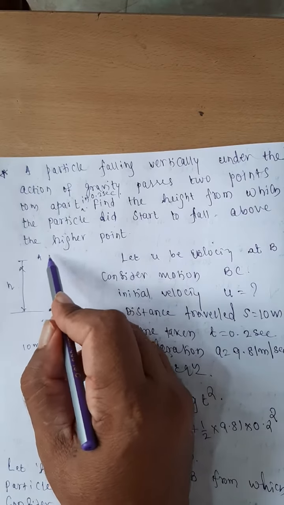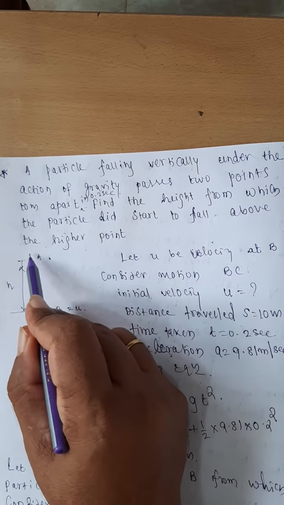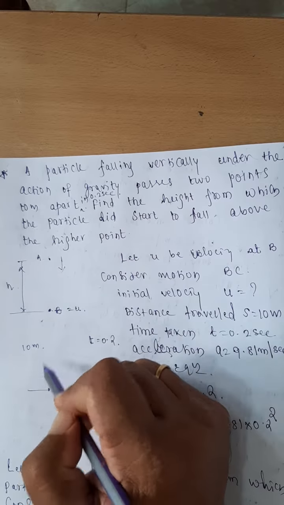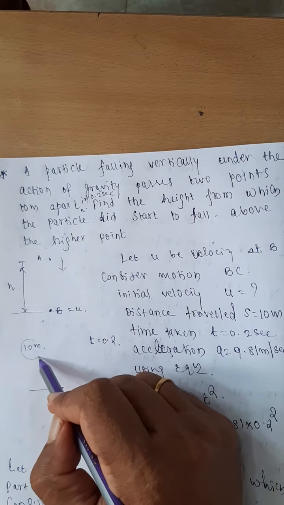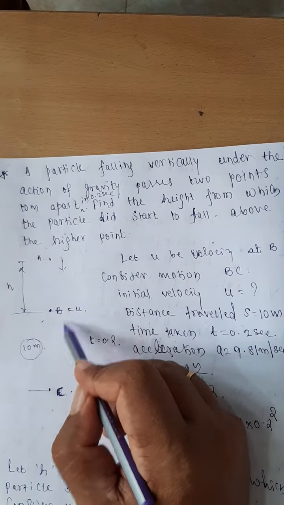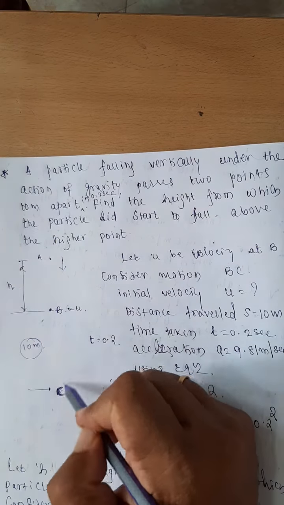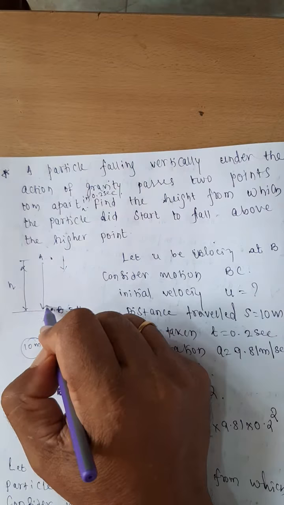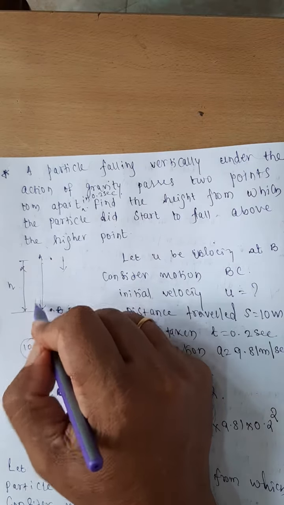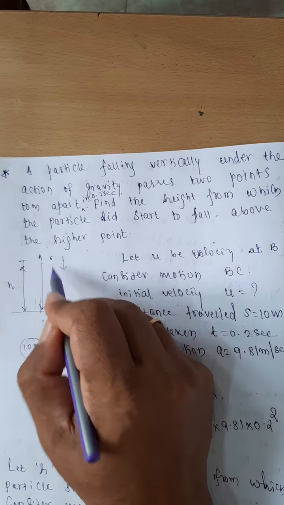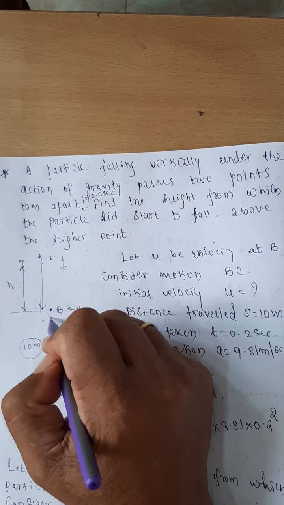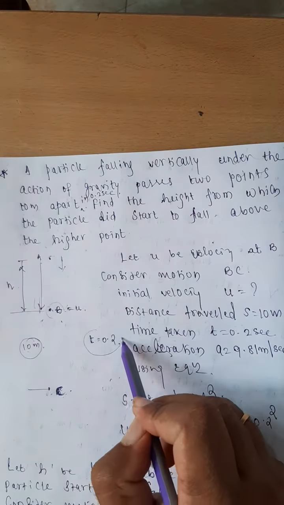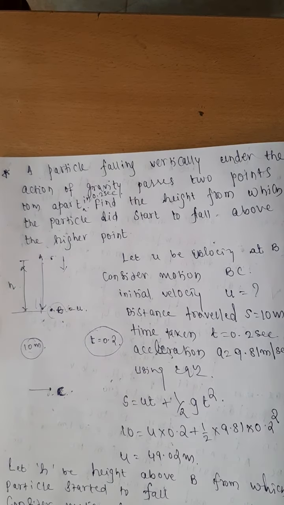Means, just try to understand, the particle somewhere has been dropped from the point A, and the 2 points B and C, which are at a distance of 10 meter, it takes only 0.2 seconds to reach from B to C. But he has not told me what is this height. Here he is asking what is the height of the point A from where it has been dropped to this point B. He has given this distance as 10 meter and it takes 0.2 seconds to cover that distance.